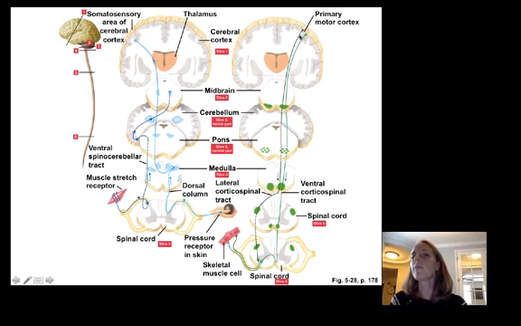And then the primary motor cortex will send out commands descending down through the brainstem. They will cross over to control the opposite side of the body, and then go out of the ventral root of the spinal cord to control skeletal muscle.